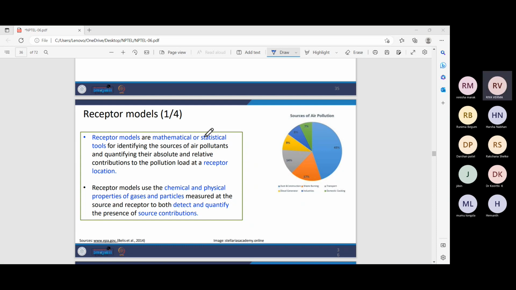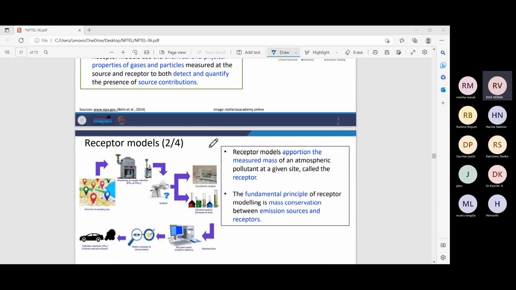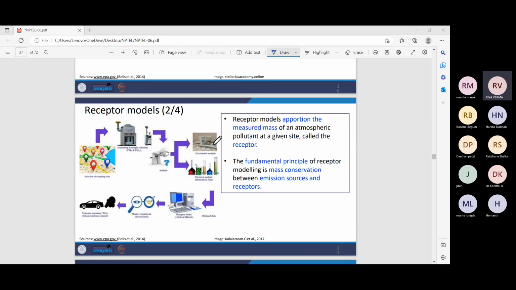Then these use the chemical and physical properties of gases and particles, which are measured at the source and receptor, to both detect and quantify source contributions. What do these receptor models do? Basically, they apportion the measured mass of an atmospheric pollutant at a given site, which is termed the receptor. The fundamental principle is the mass conservation between the emission sources and the receptors.